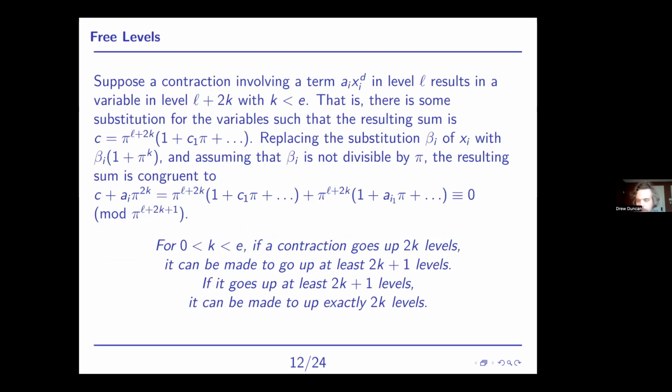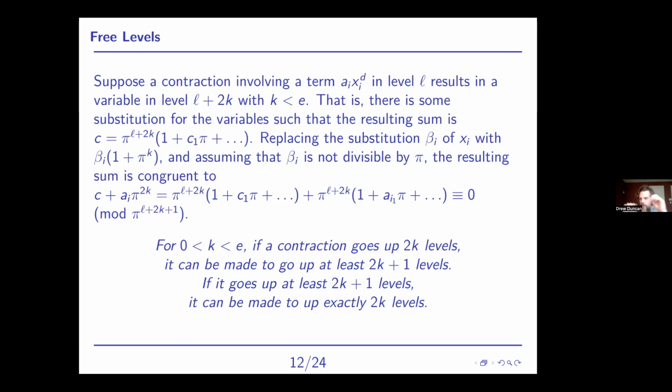I've put the arithmetic here so that you can see that I'm telling you the truth, but the essential idea is that if we have a contraction that goes up 2k levels, so let's say we start from level L and we go up 2k levels, so we get this value being represented by our terms right here, so this C. Then we can replace, a substitution, β_i of ξ with β_i times (1 + π^k), and the consequence of that is that we'll have an extra π^(L+2k) term.